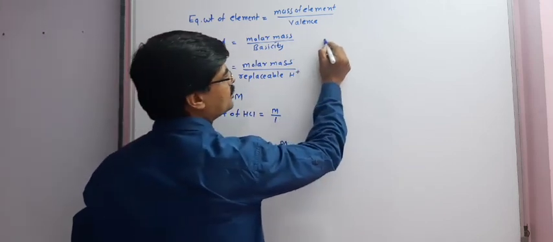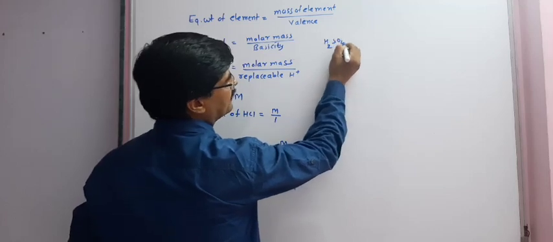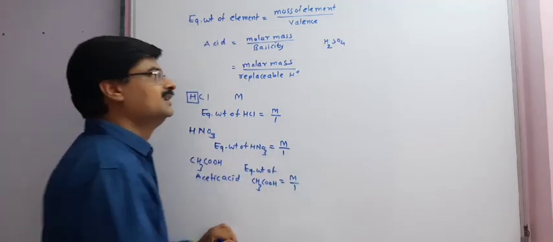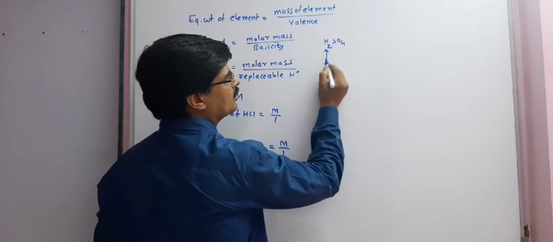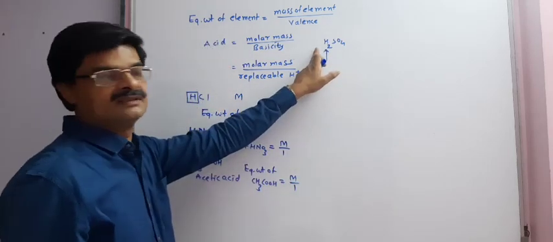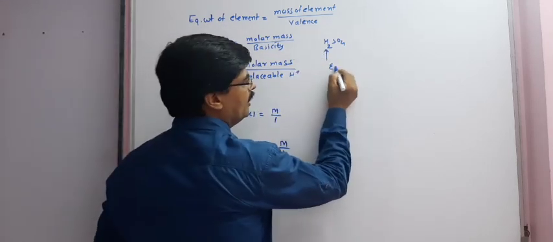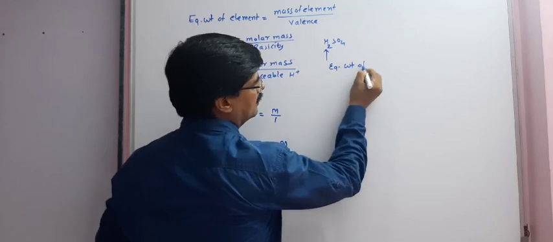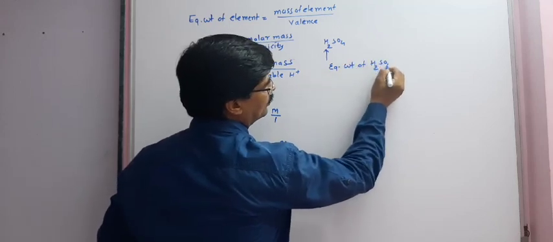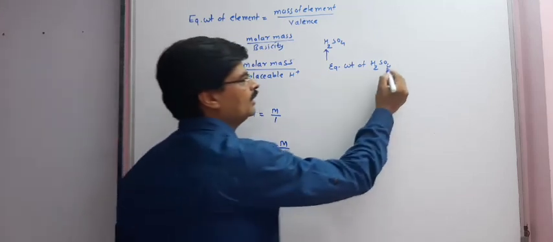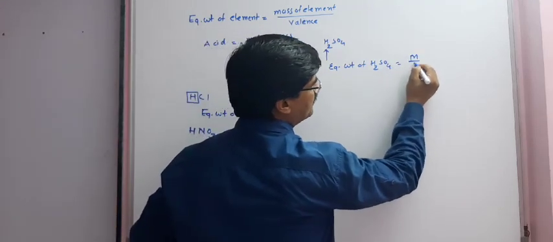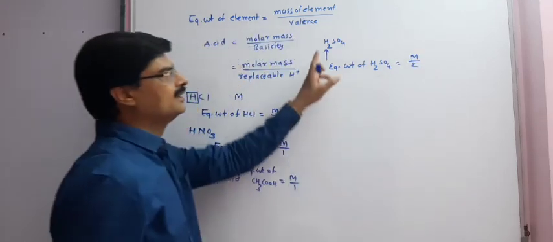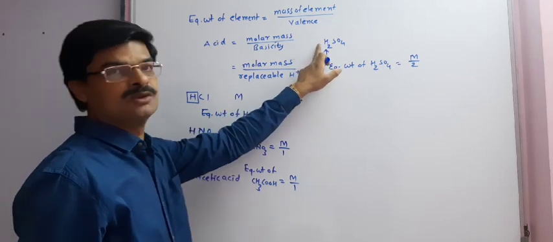But now for H2SO4, sulfuric acid, there are two replaceable H+, that is why equivalent weight of H2SO4 is equal to molar mass divided by 2, because replaceable hydrogens are 2.